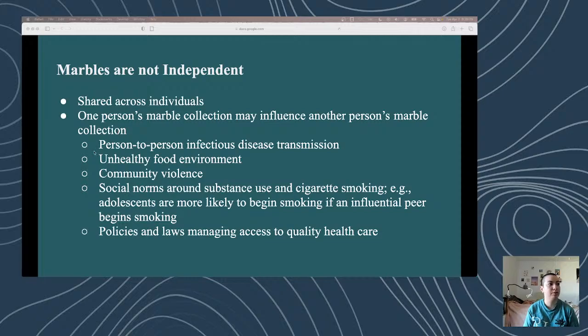For example, through person-to-person infectious disease transmission, through an unhealthy food environment, maybe my whole neighborhood shares one marble. Through community violence, again, same thing. Social norms around substance use and cigarette smoking, for example, adolescents are more likely to begin smoking if an influential peer begins smoking, and through policies and laws managing access to quality healthcare.